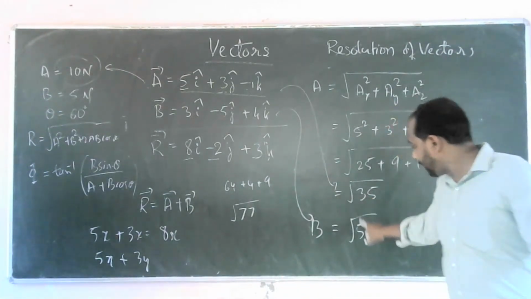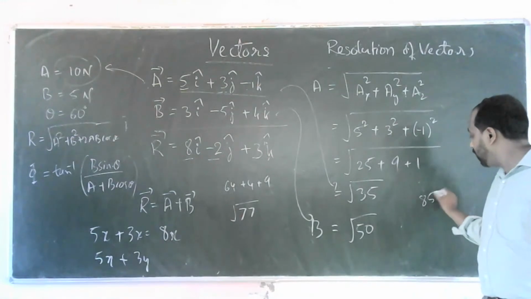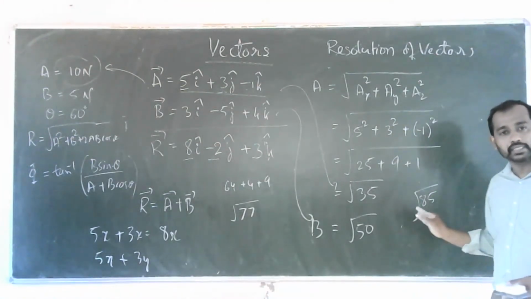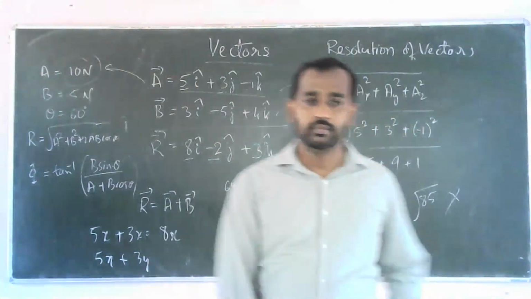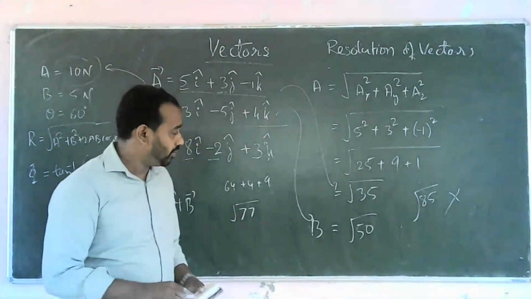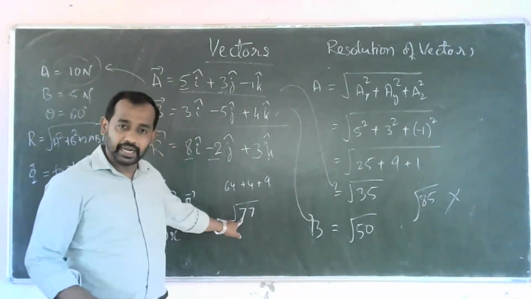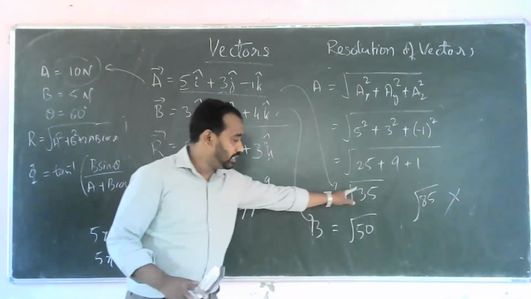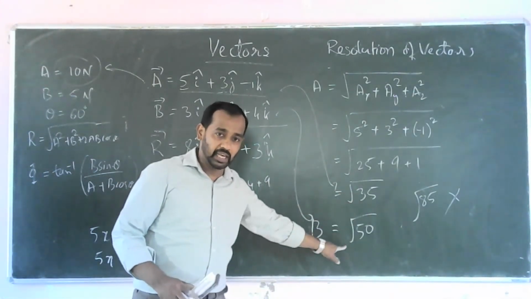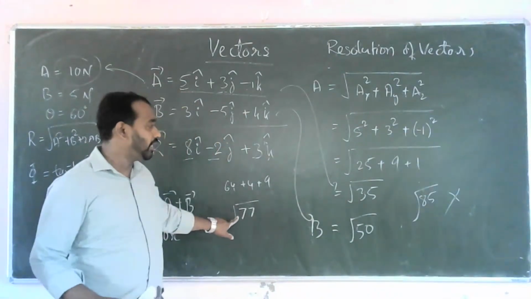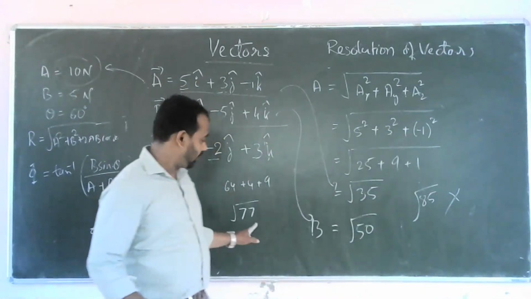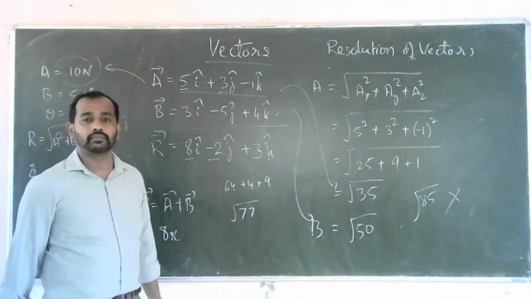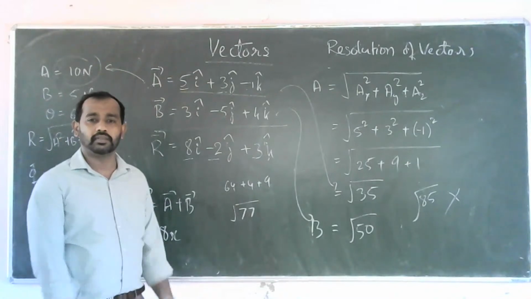We cannot add these two magnitudes and obtain the answer as a unified value. It is not always correct, because the direction also matters. Depending on the angle between these two, the magnitude is lesser than the sum of these two, which is square root of 77. That's the meaning.